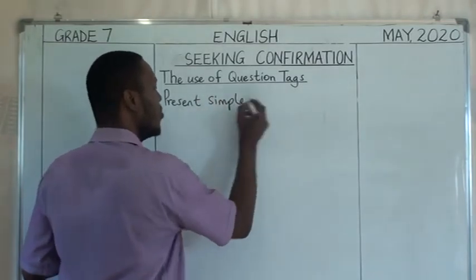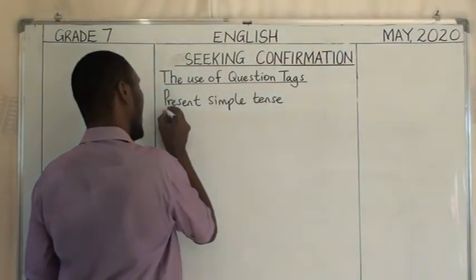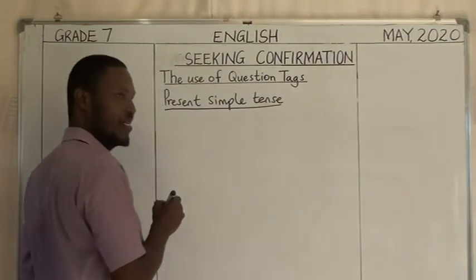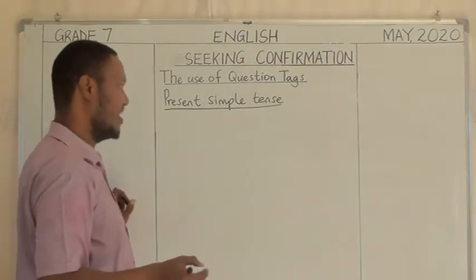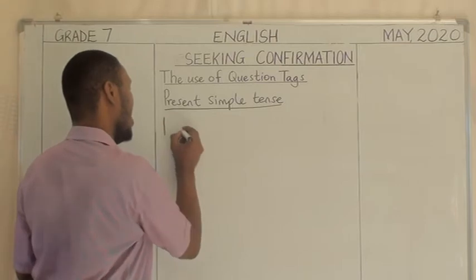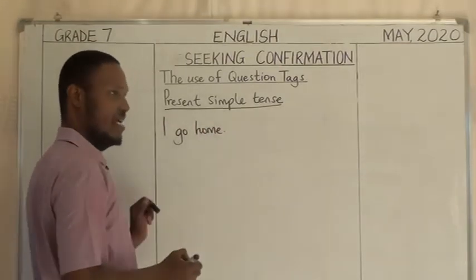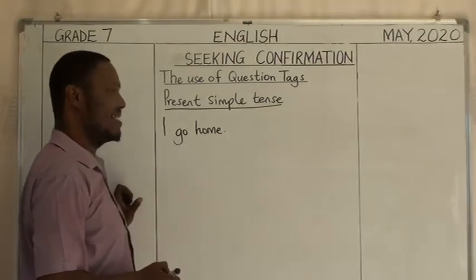How do we form a question tag in the present simple tense? So we'll have a sentence in the present simple tense. An example of a sentence in the present simple tense is: I go home. This is a statement in the present simple tense.